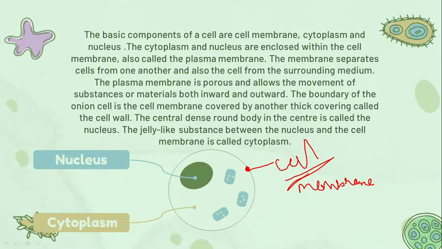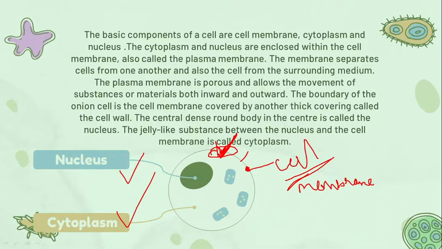The membrane separates cells from one another and also the cell from the surrounding medium. Here we need to learn that the cell membrane, nucleus, and cytoplasm are present in every cell and are the basic components of every cell. The cell membrane is the outer border of every cell, which gives protection.